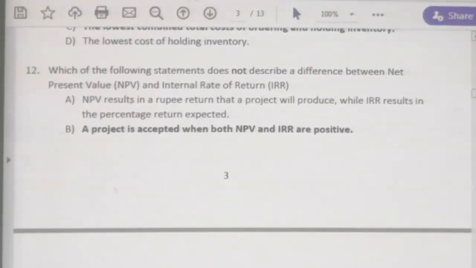Now, let us see which statement does not describe the difference between NPV and IRR. What is the irrelevant statement? NPV results in a rupee return. Yes, the present value of the rupee return. While IRR results in a percentage return. Here, it's a rate. That's correct.